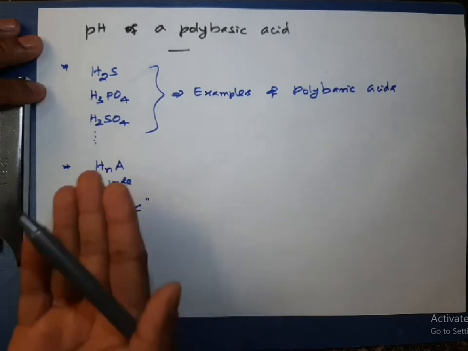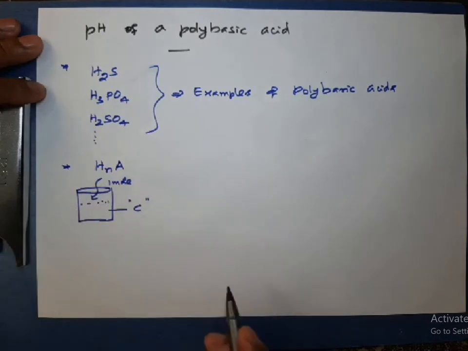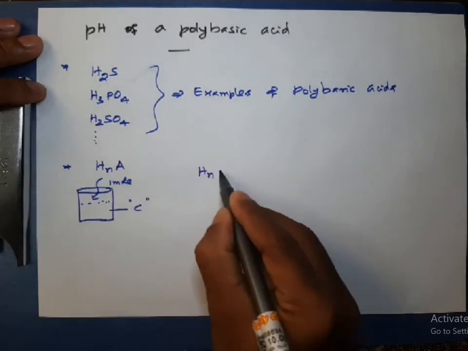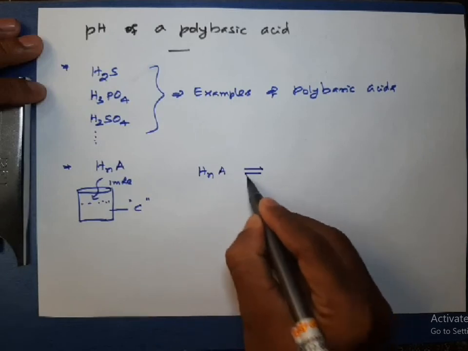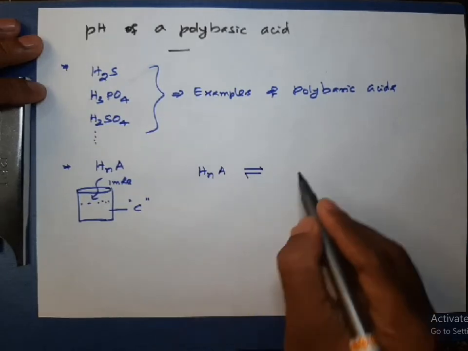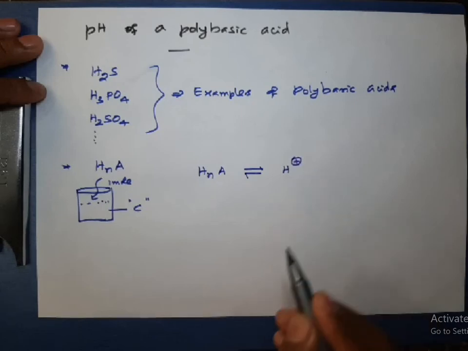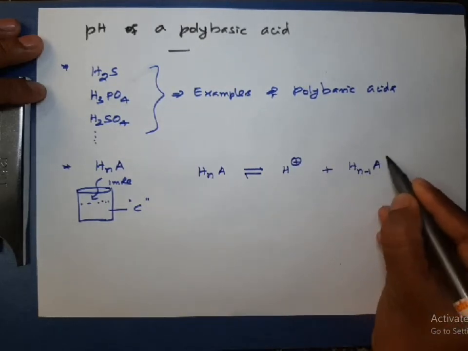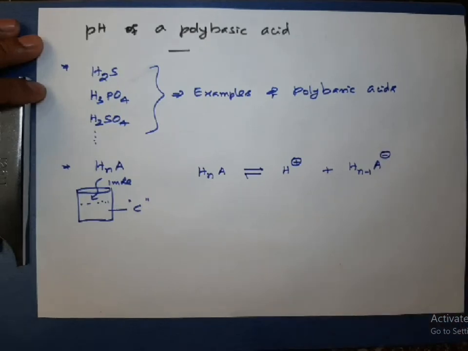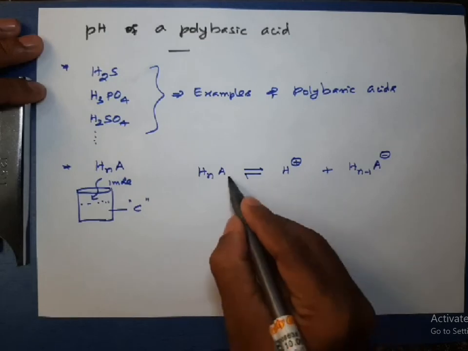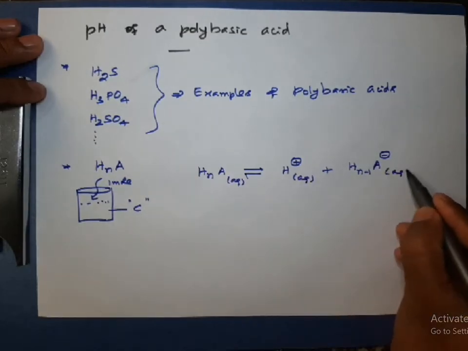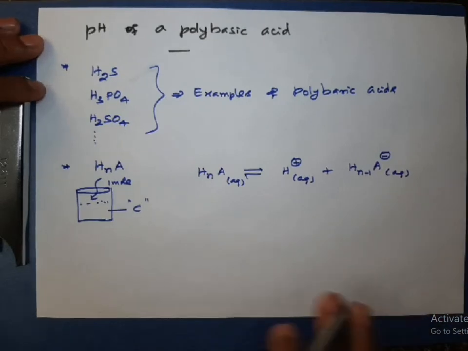But we know very well this molecule will undergo ionization. First this molecule undergoes ionization and releases one H+ ion, and you get the Hn-1A- ion. I'm talking about aqueous solutions only, not other solvents.